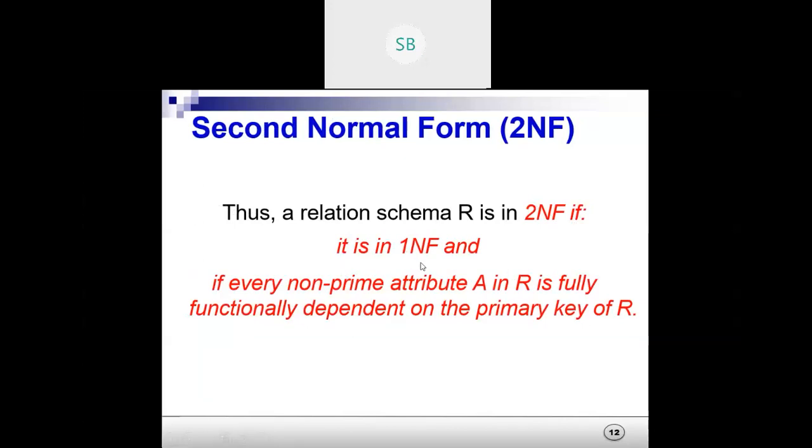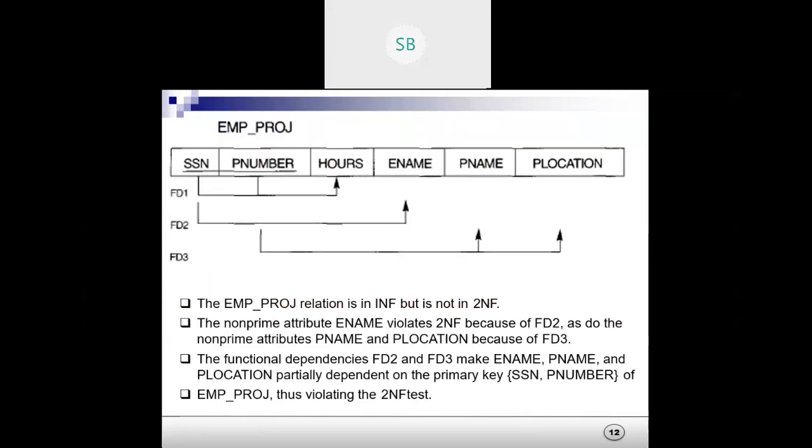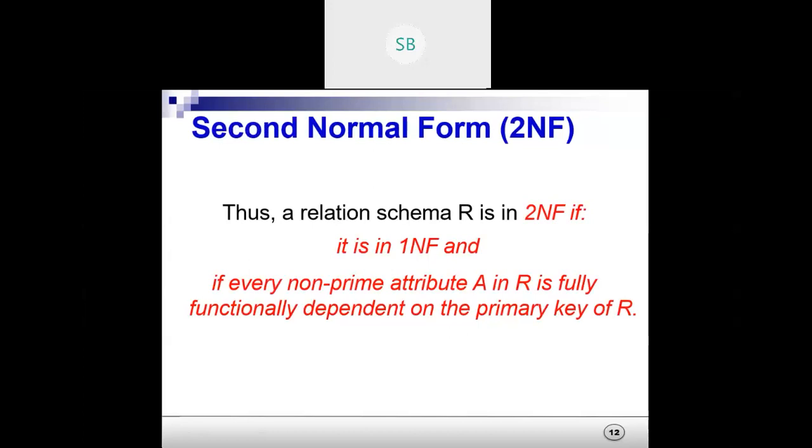It's required that your table is in 1 NF, and that every non-prime attribute A in R is fully functionally dependent on the primary key of R. We'll study what this non-prime attribute is.